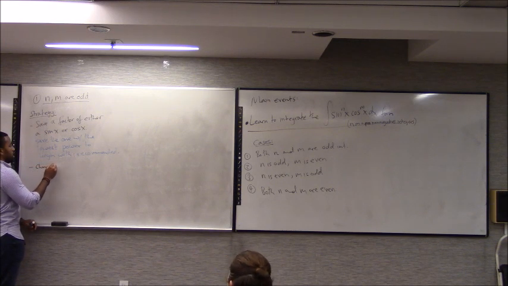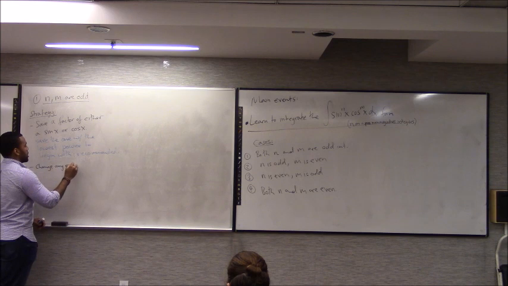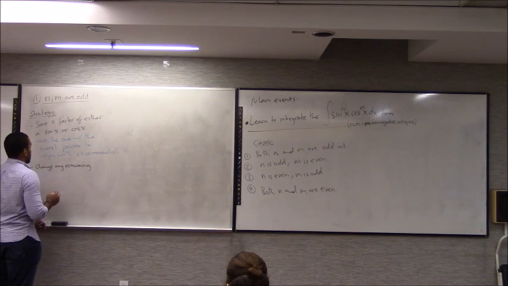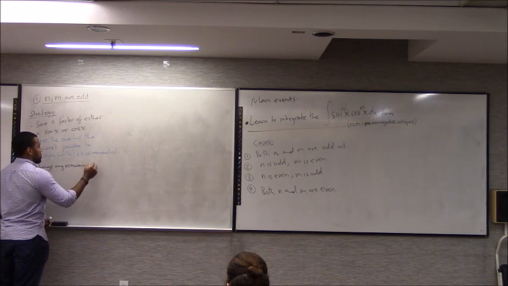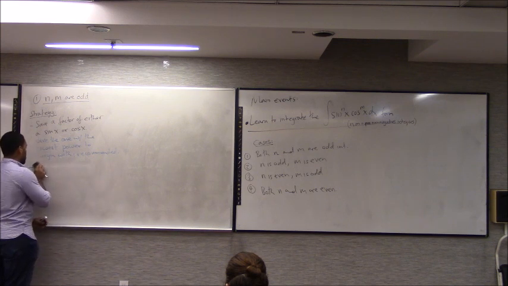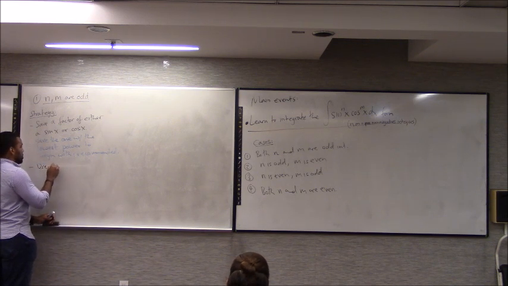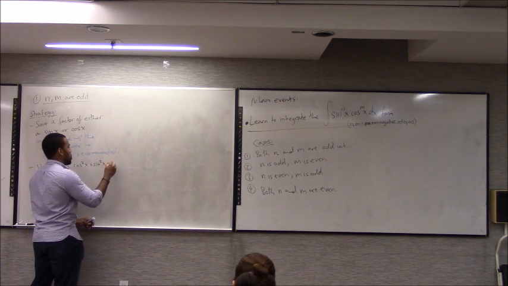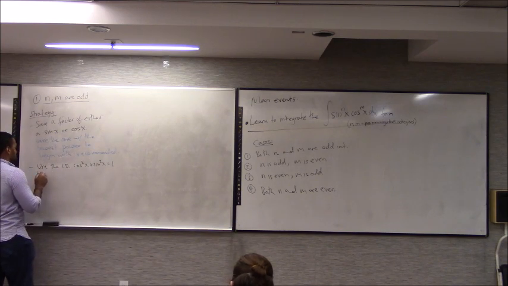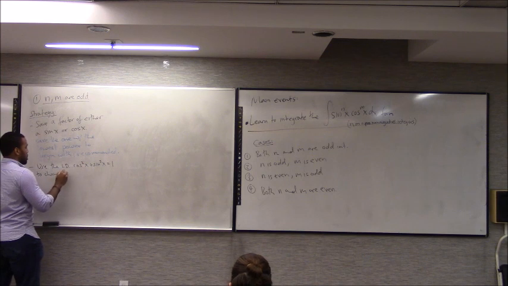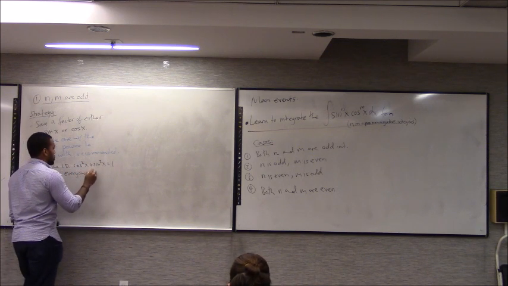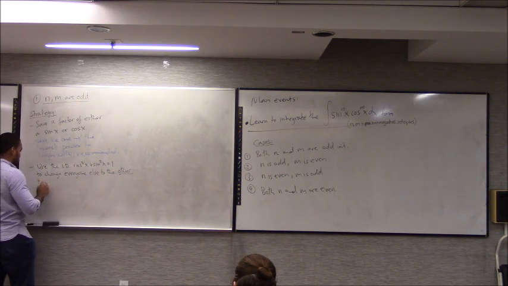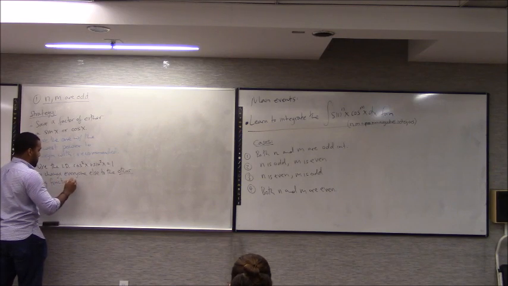Change any remaining factors, using the identity cosine squared x plus sine squared x equals 1, to change everyone else to the other trig function as necessary.